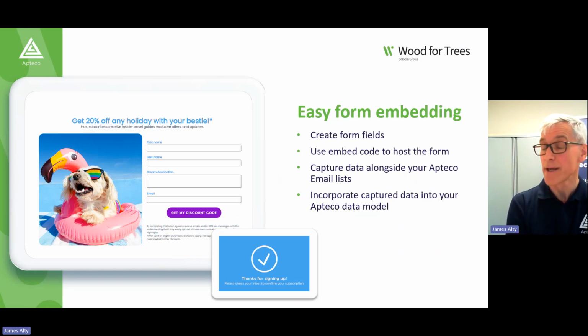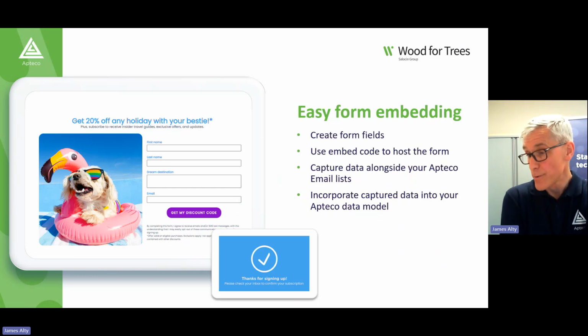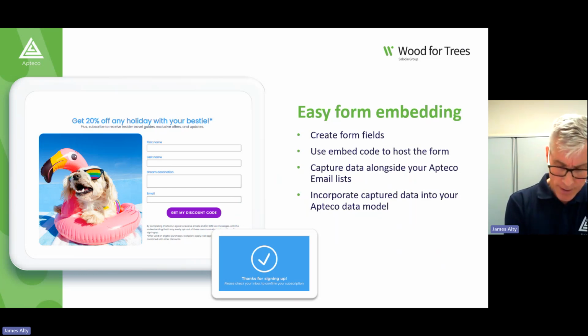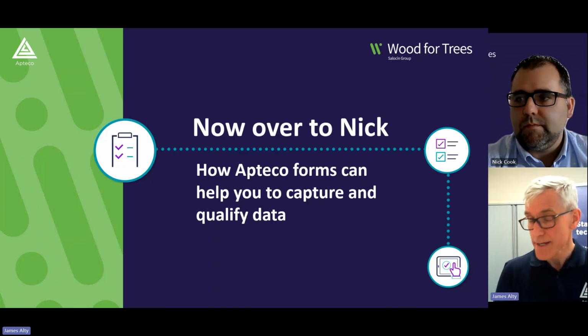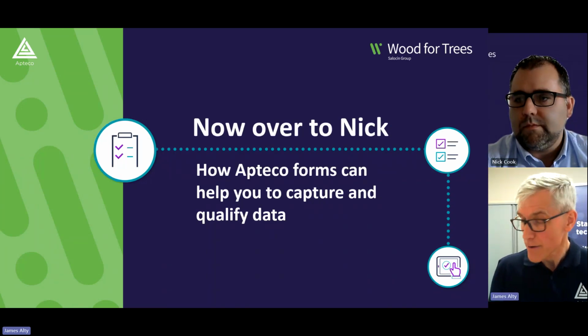And that data can then be ingested into Aptico or could be used for other purposes that you wish around your enterprise data model. So lots of ways that you can use that quite simple data capture mechanism. So let me hand back over to Nick, and he'll show you an example of how Aptico Forms can help you capture data.